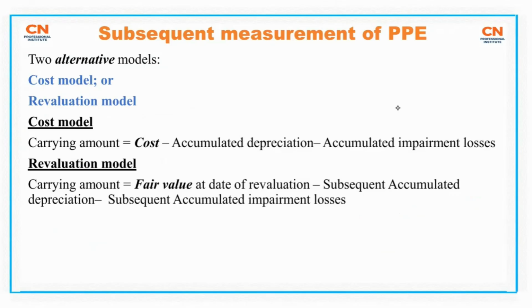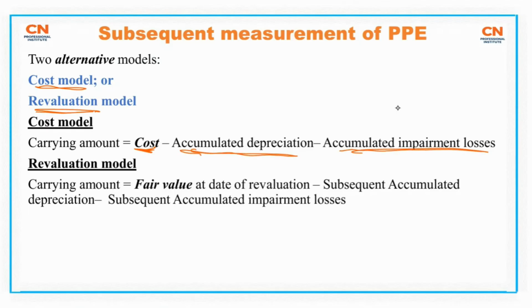We said PPE is initially measured at cost. Subsequently, we said we can use the cost model or the revaluation model. If I use the cost model, then what it means is that to get the carrying amount or the carrying value of the asset, you pick the initial cost, then you less accumulated depreciation, and you also less accumulated what? Impairment losses. All right.